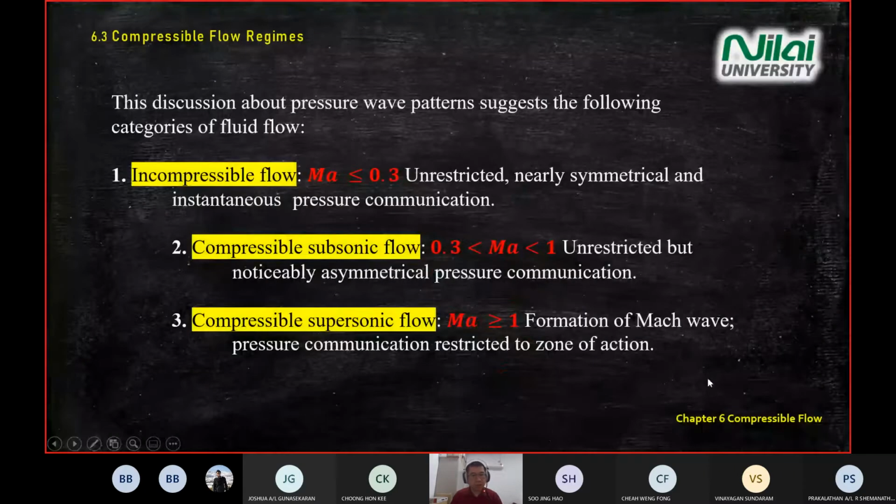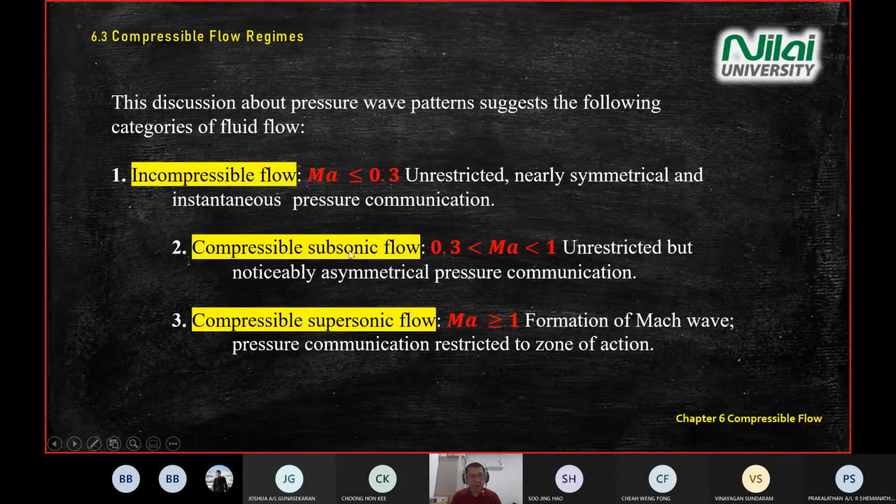This slide we went through last week. If your Mach number is less than 0.3, you have an incompressible flow. If more than 0.3, then you have a compressible flow. If your Mach number is less than 1, then you have subsonic. More than 1, you have supersonic.